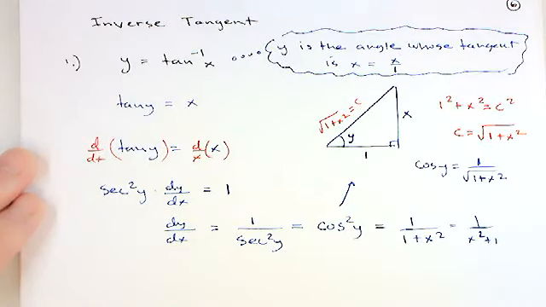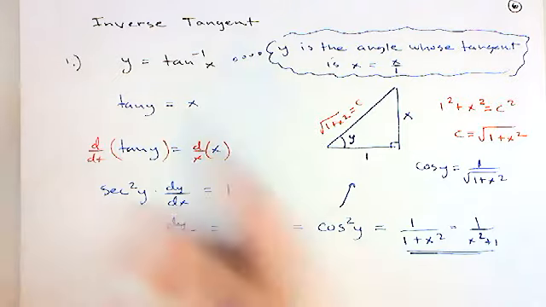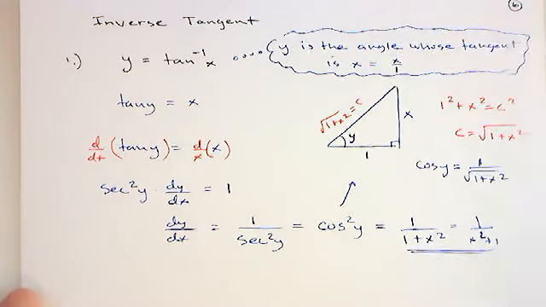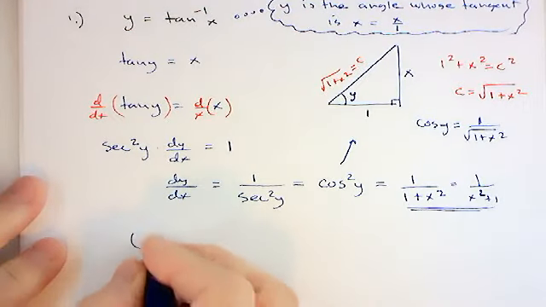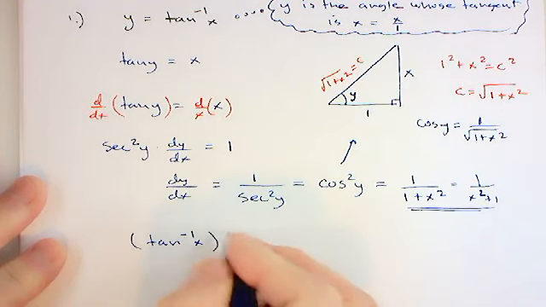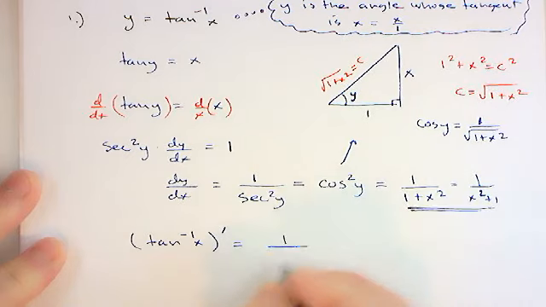Okay, and that is our derivative. You are responsible now for knowing that. We can see how we could derive it, but that's going to be a little bit of work to do every single time. So let's summarize then. The derivative of inverse tan of x is 1 over x squared plus 1.